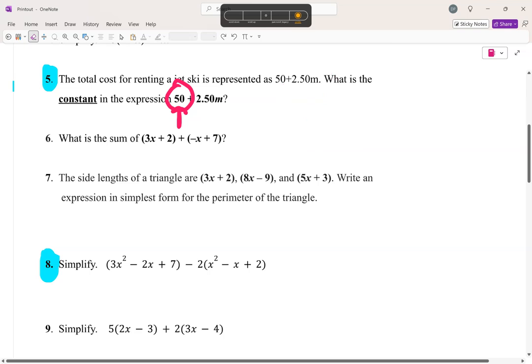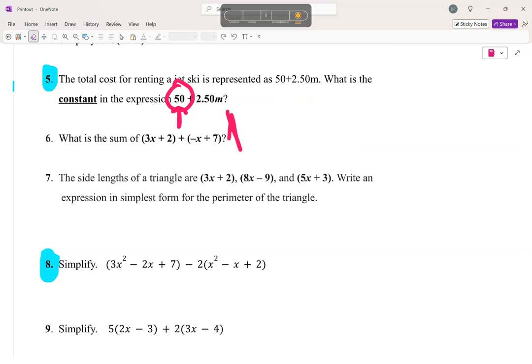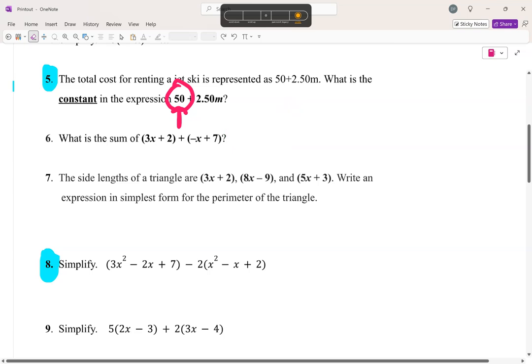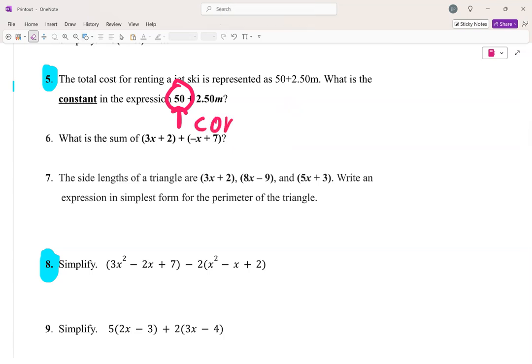So sometimes we use an equation for something that changes. It's called a variable. Now, the word constant in the English language means it doesn't change. In other words, every day I open the store, it costs $50 for the electricity. I'm just making it up, whatever.